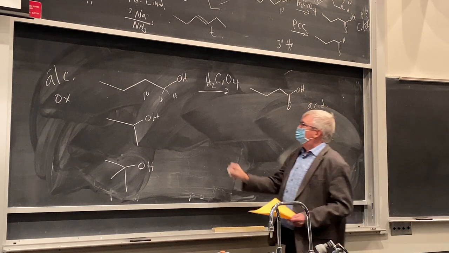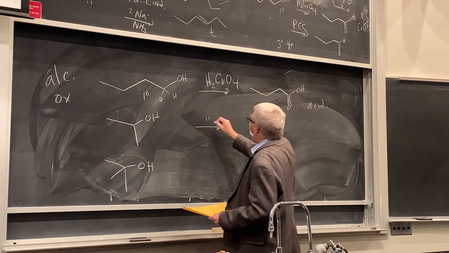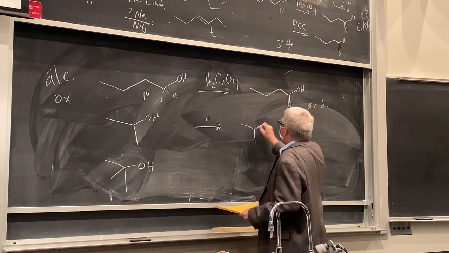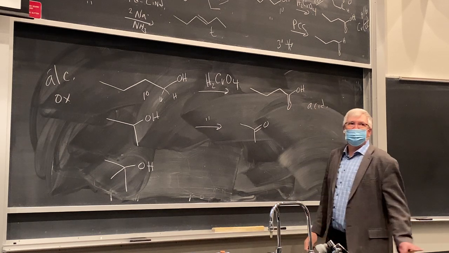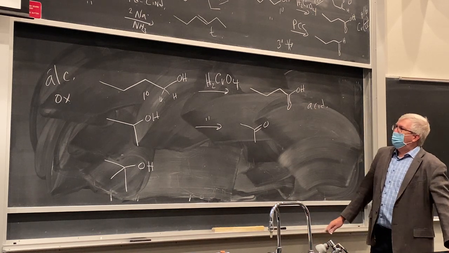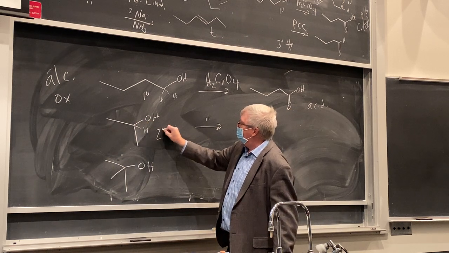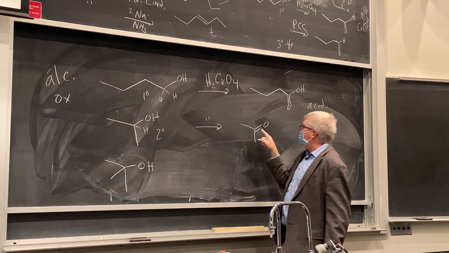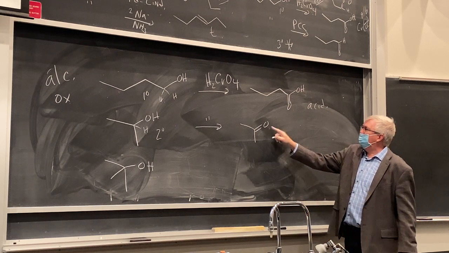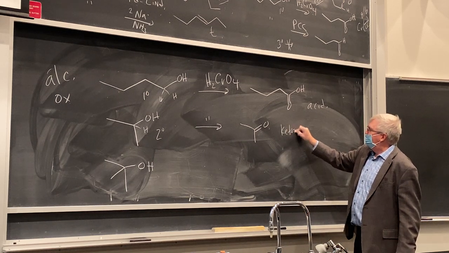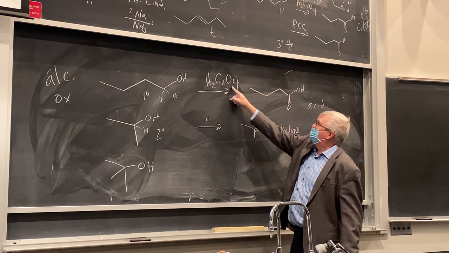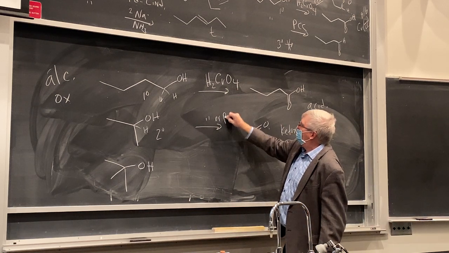If it's secondary here, same reagent, it'll stop at the ketone. Now that comes out of the structure, right? You only have one hydrogen here now on a secondary. So if you take that hydrogen off and form the pi bond there, you get the ketone. Now that holds for chromic acid or PCC.